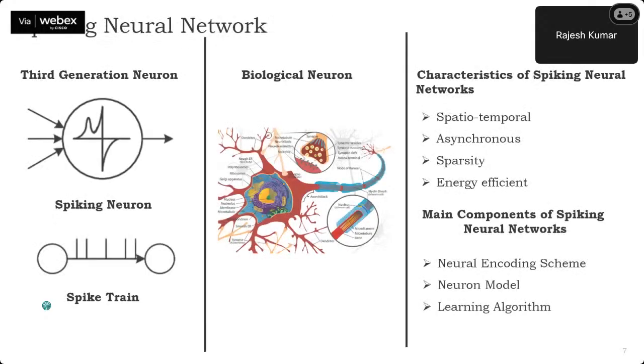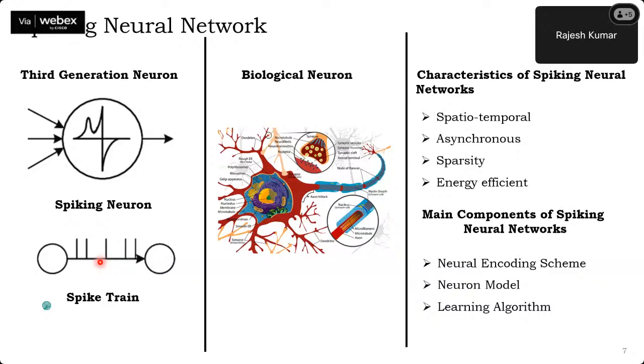That is where the third generation comes in, where the input coming in is not a constant value but a train of spikes. We know that a spike has an amplitude, but the duration is very, very small, and then it becomes zero. So the power requirement is very less compared with the constant one.